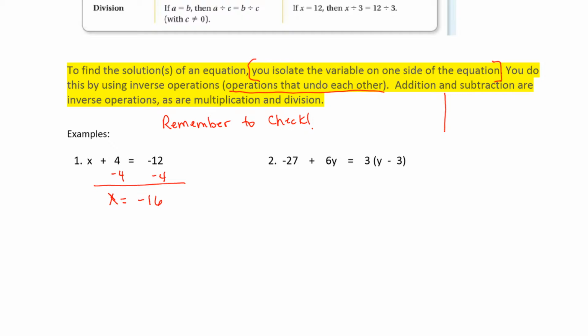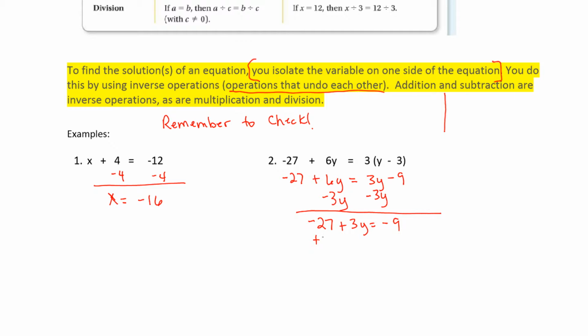Example 2, I need to get rid of my parentheses first. So on this side I have negative 27 plus 6y equals 3y minus 9. I need to get my y terms on the same side, so I'm going to subtract 3y from both sides, and I get negative 27 plus 3y equals negative 9.